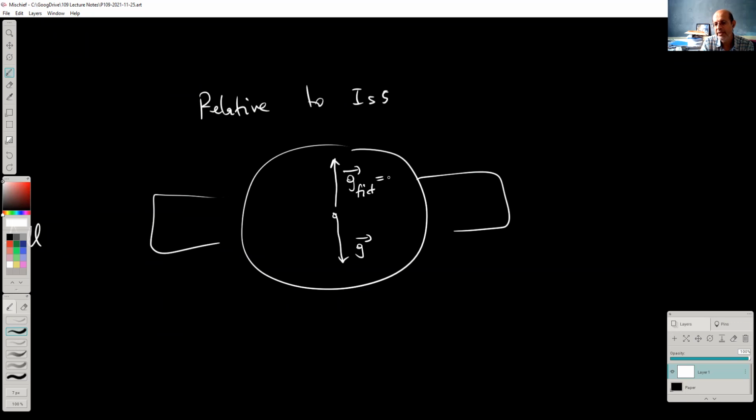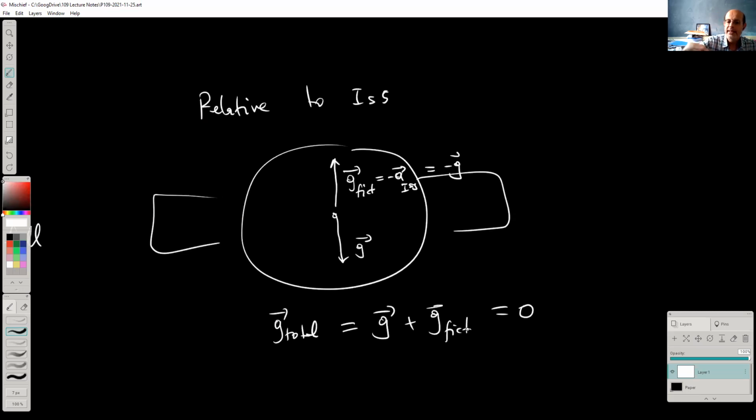But the fictitious gravity is the negative of the acceleration of the ISS, which means it's equal to minus the gravity. Therefore, the total gravity inside the ISS is the real one plus the fictitious one, which is therefore equal to 0. This explains why there is weightlessness in there.